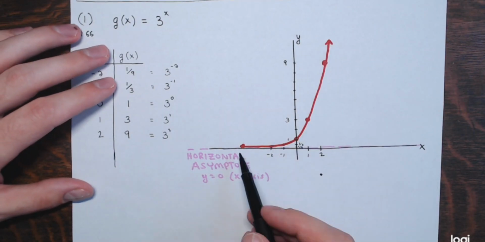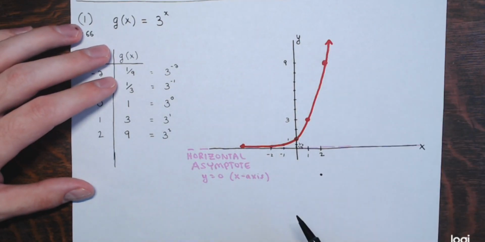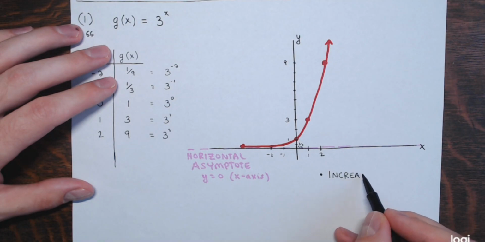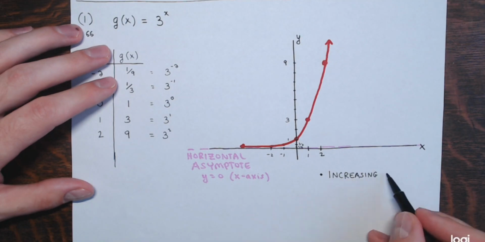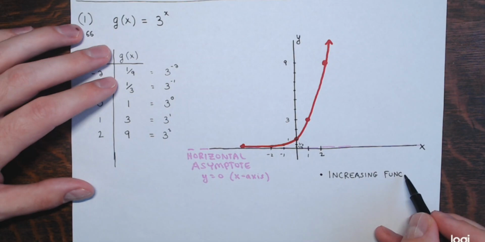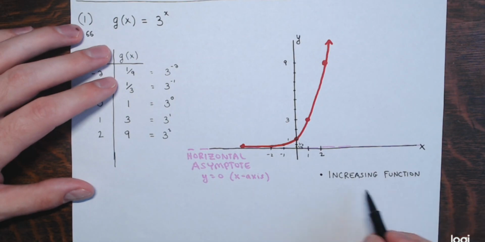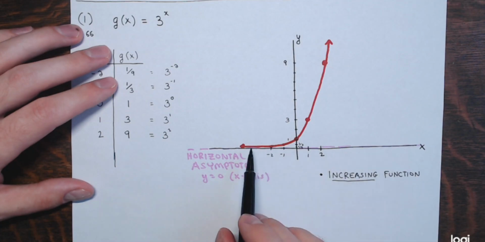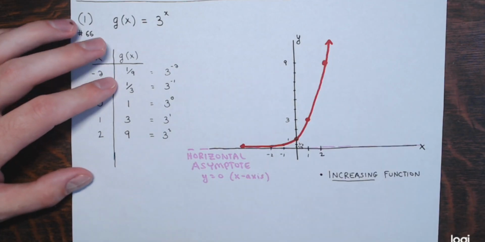It's always going up as I move to the right. So they would call this an increasing function. Again, all that means is that as I go to the right, the y values are always going up.